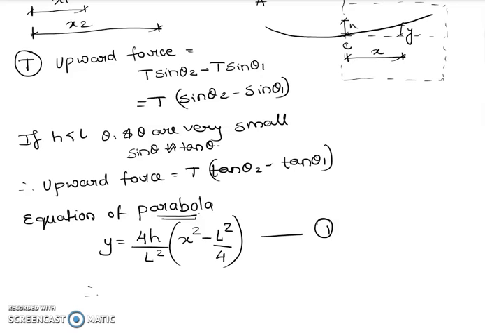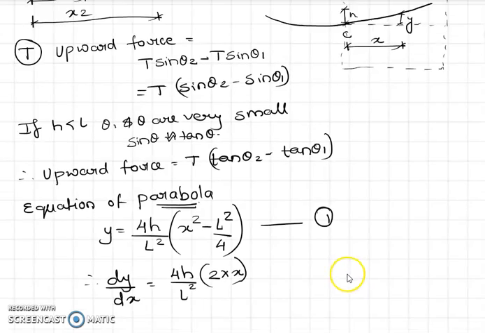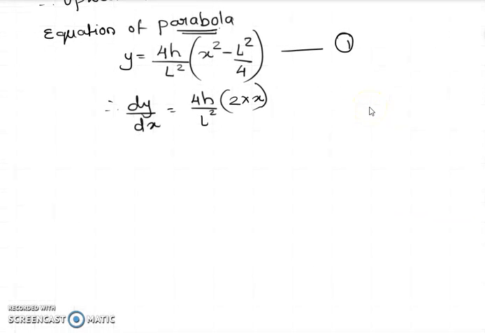Now the first derivative of this equation with respect to x will be equal to 4h upon L square. The x square becomes 2x, and this constant becomes 0. So the first derivative of the equation of parabola is given by dy by dx equal to 8hx upon L square.